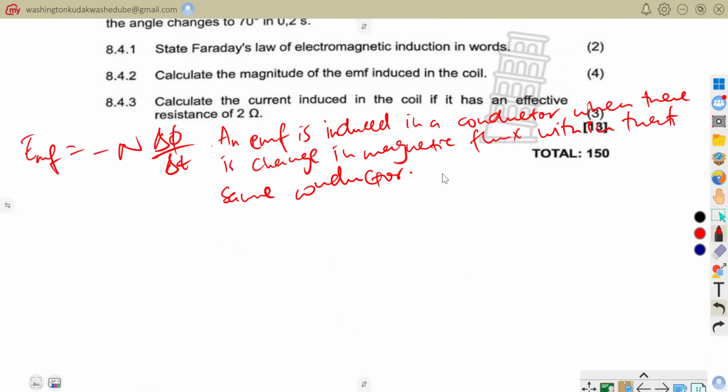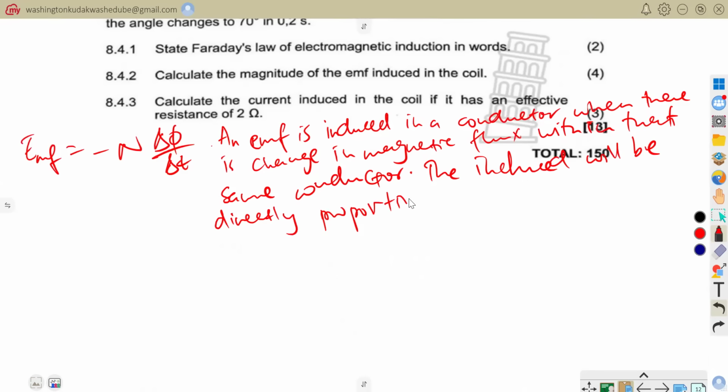Now, the induced EMF will be directly proportional to the rate of change of the magnetic flux.